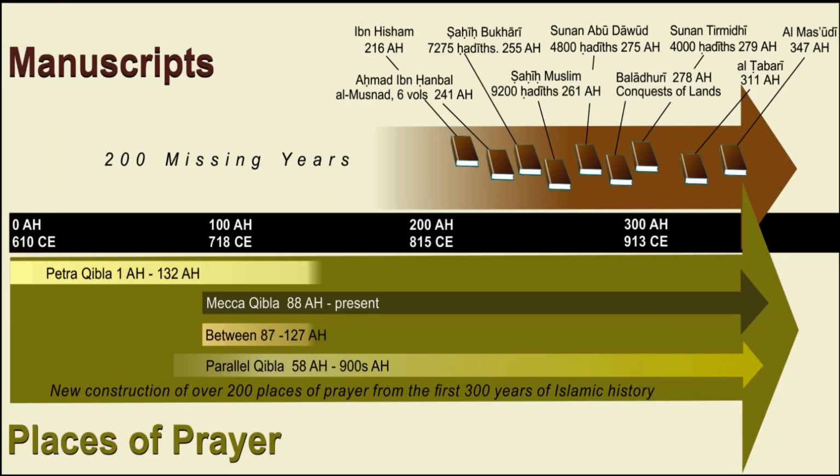And as we go along, you'll see that in the chart, above there's information and below there's information. What is above is labeled manuscripts, and what is below is labeled places of prayer. So if we look at manuscript history at the top, we see there is 200 years of silence. And then we have the writers, the Islamic writers writing.